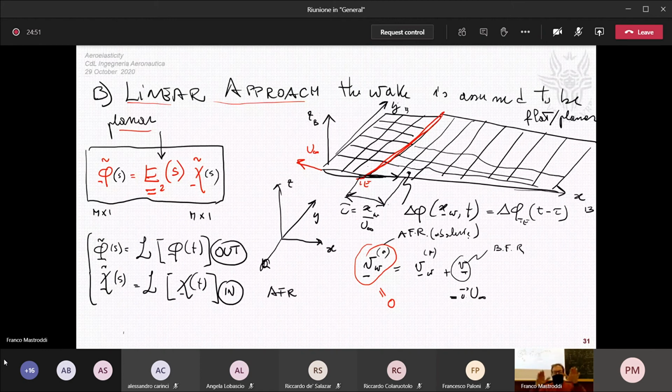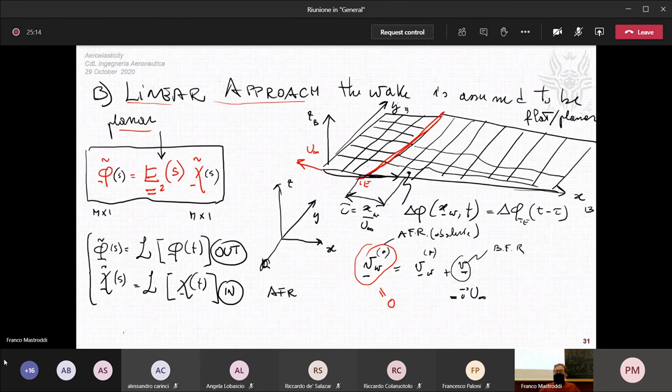Absolute means that you are here on the earth and you are seeing the aircraft flying over your head. So look at the wake point. In my absolute frame of reference, I'm assuming that the wake is fixed. No absolute velocity.